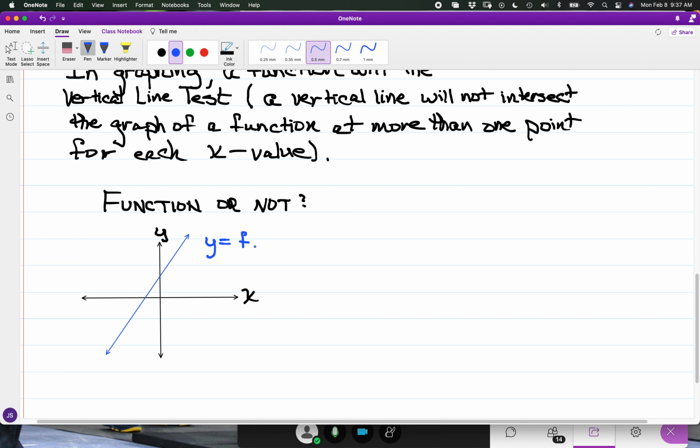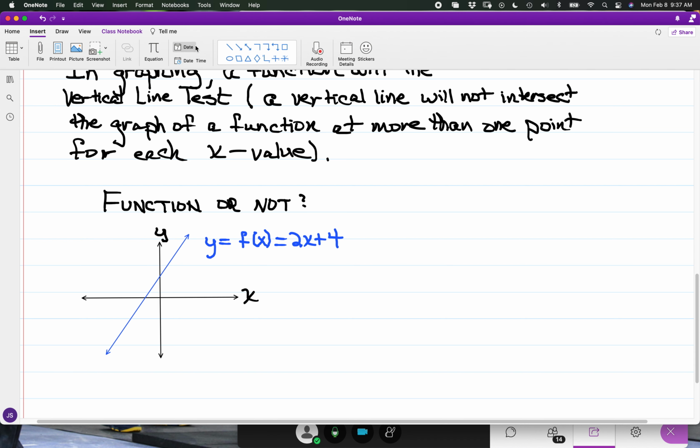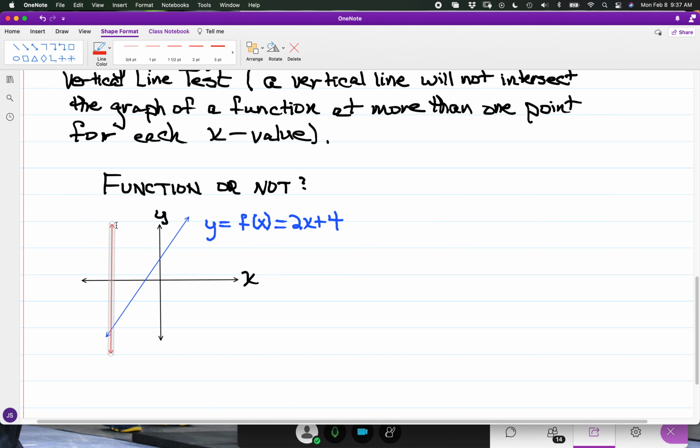I'll go ahead and lay out the functional notation, and I'll explain this in just a moment. So you have y equals f of x equals 2x plus 4. Let's say we take a vertical line running continuously from end to end.